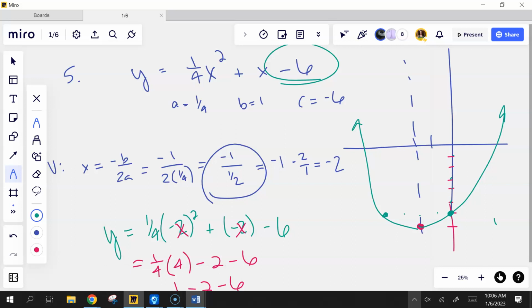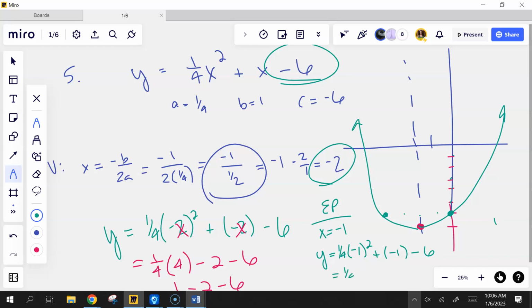Say I couldn't have used the y-intercept, okay? I would look at the vertex. The vertex here is -2. And I'd say, okay, well, what's 1 beside -2? -1. So I might say my easy point's going to be x equals -1. And again, I go back to that equation and plug in 1/4 times -1 squared plus -1 minus 6. If I'm good with my store function on my calculator, I can just type it in at this point.